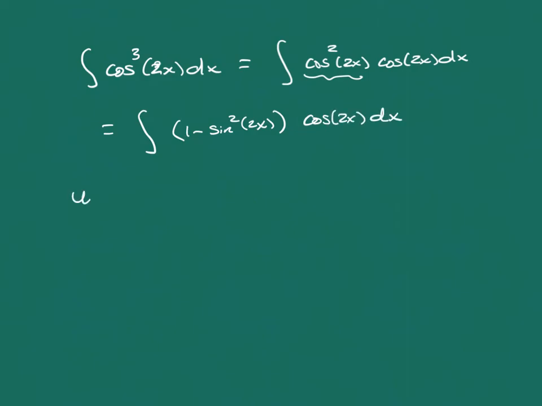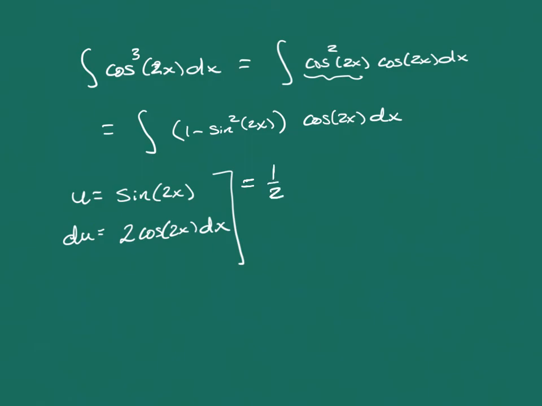So now if I let u equal sine of 2x, du becomes 2 cosine of 2x dx from my chain rule. And so what my integral then becomes is a 1/2 integral of 1 minus u squared du for that one.